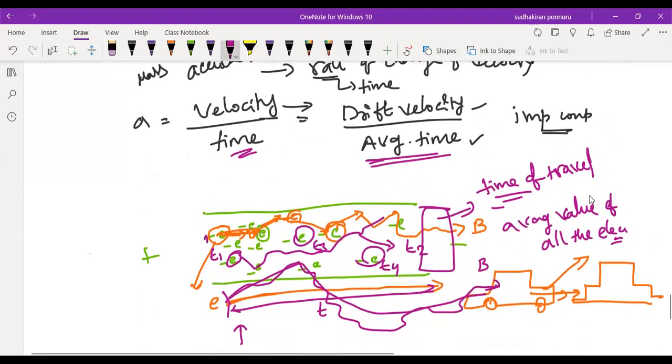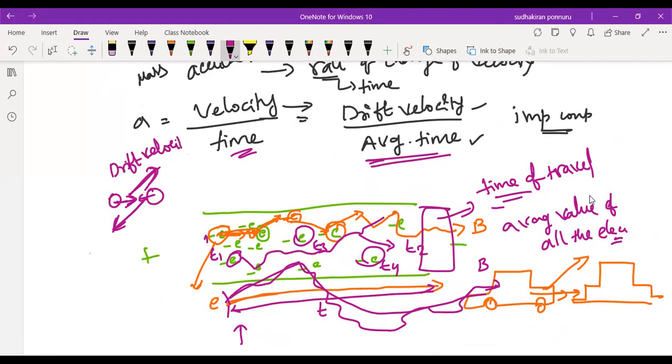Drift velocity means, as I told, suppose you take one cricket ball and one more cricket ball. If you hit both of the balls, they will definitely get deviated. Earlier this is velocity, and now after hitting, we are going to call this drift velocity.